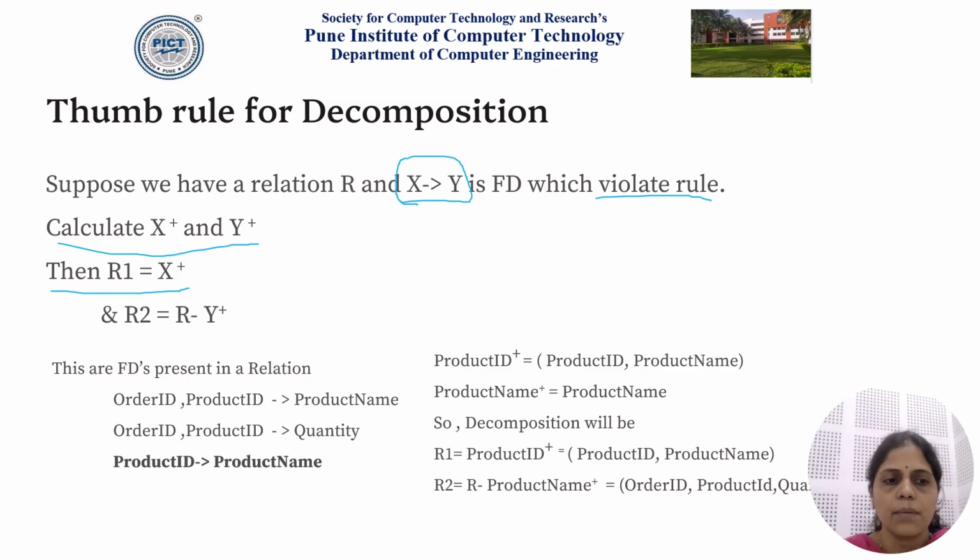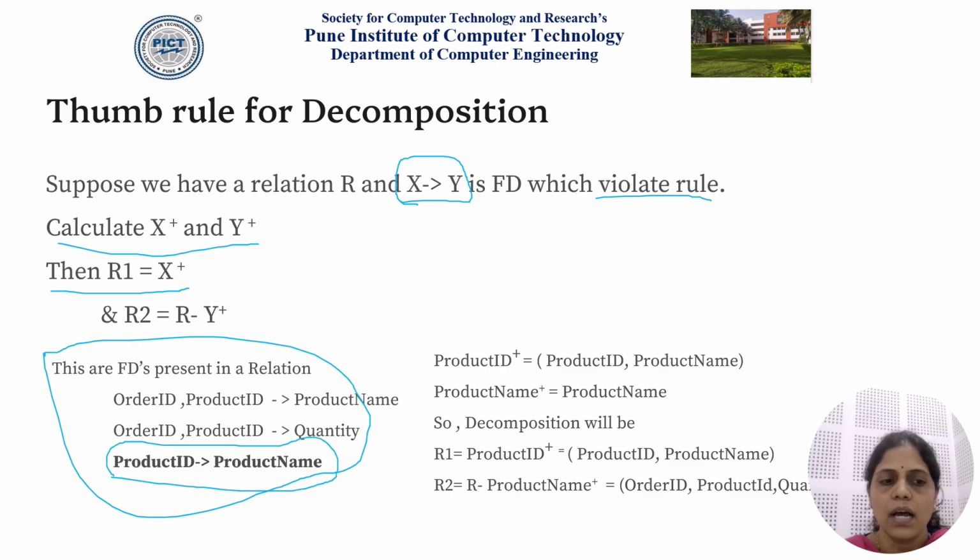Let us take the example we are discussing. Here we first have to identify the dependency which violates our rule. In this case, this functional dependency in my relation violates the rule to be in 2NF, so I'll take that one.